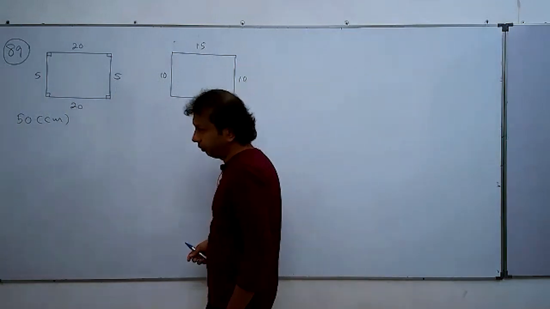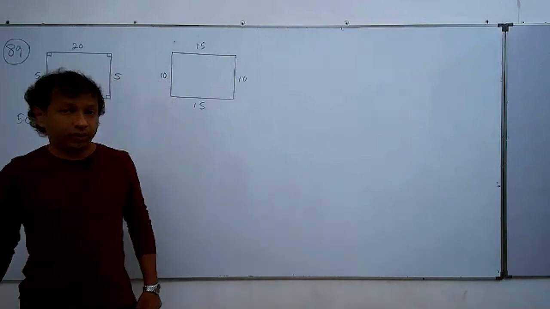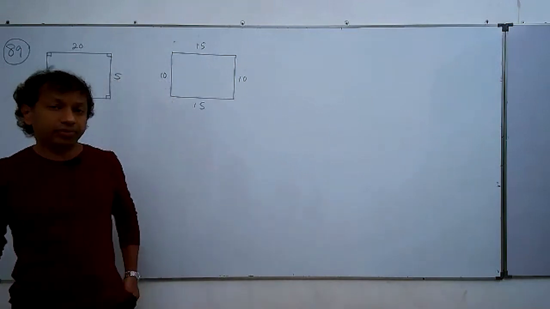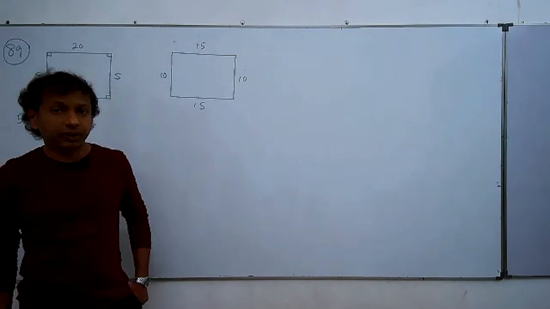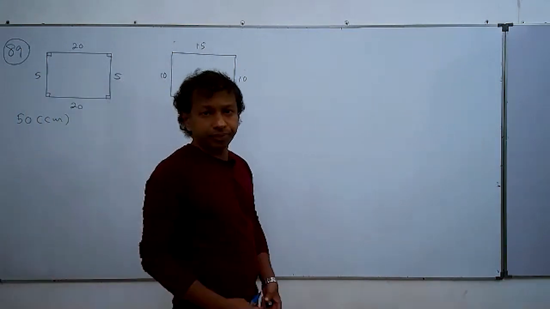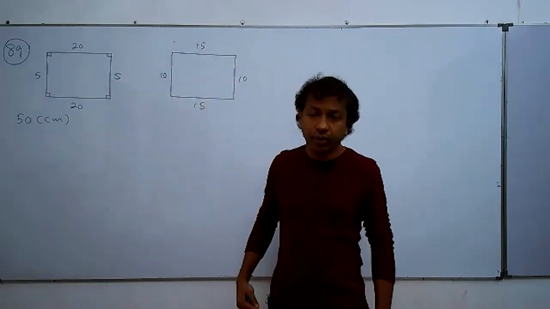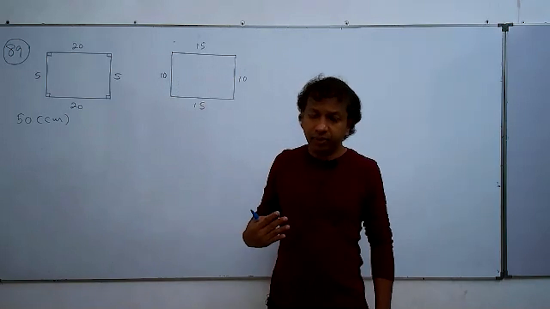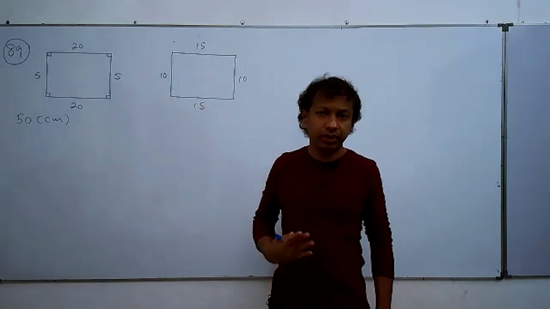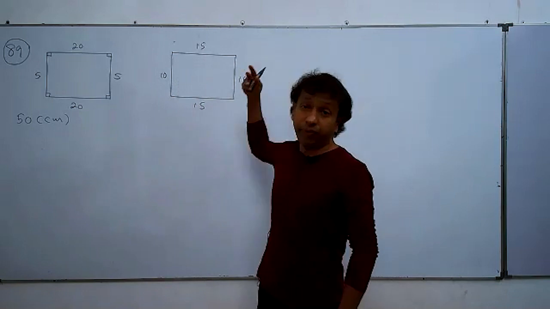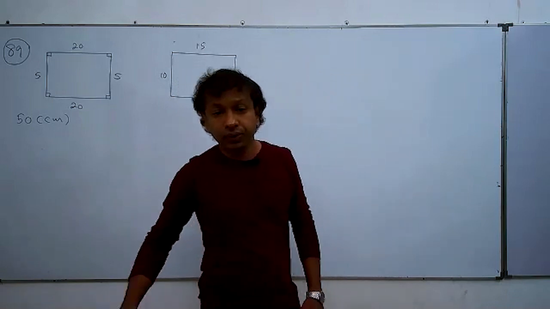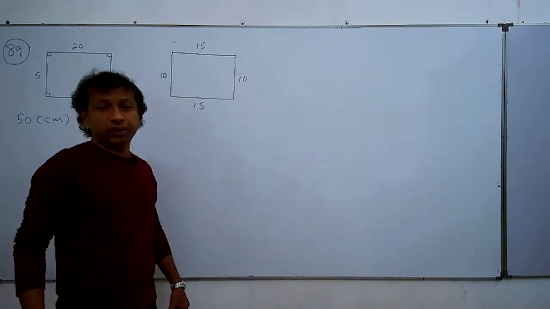And you can see this way, we can draw infinitely many rectangles so that the perimeter becomes 50. Right, now the perimeter is the same for all the rectangles. Some more rectangles we can draw so as to have the perimeter 50.